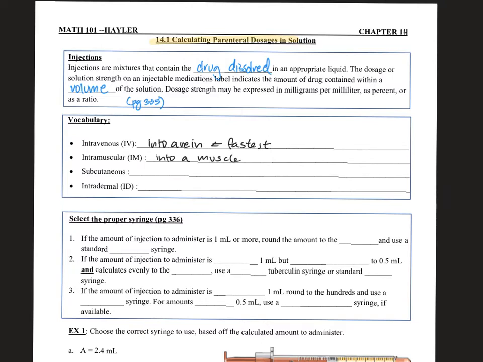The absorption rate varies, 10 minutes or longer. Oh, sorry, and for intravenous, the absorption rate is 30 to 60 seconds. Subcutaneous is under the skin. Absorption rate is about 15 minutes or longer. And then intradermal is going to be between the layers of skin.